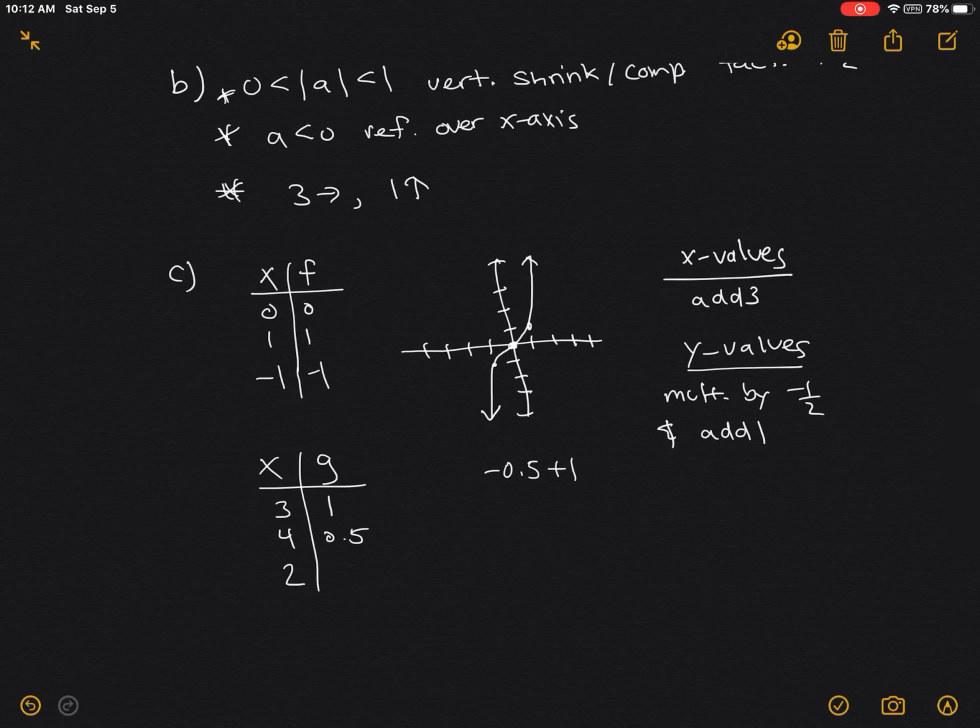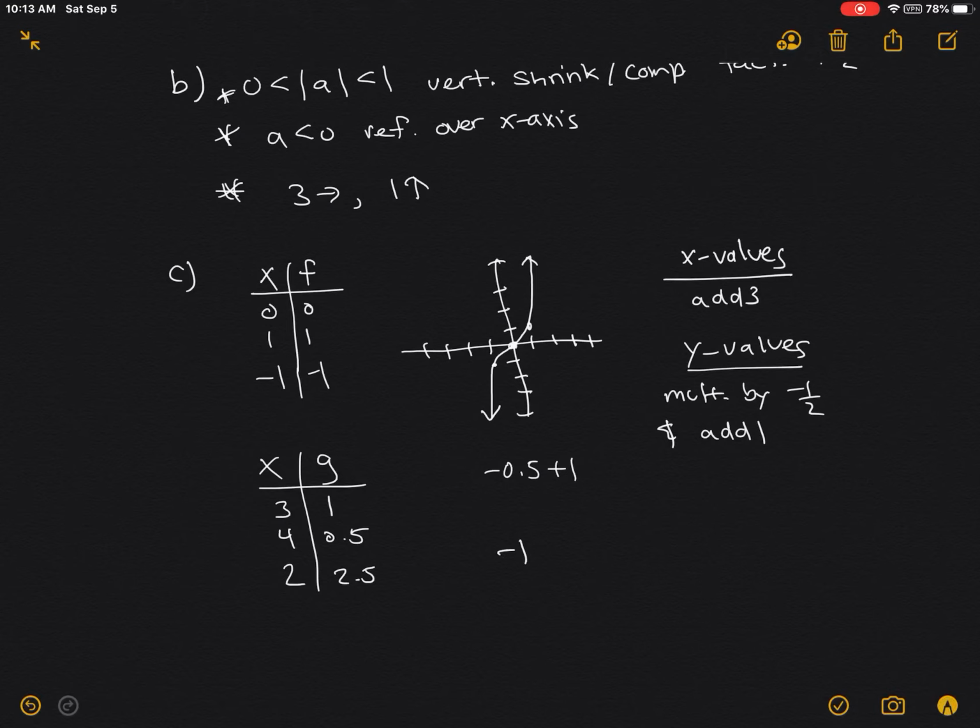And I have one more point over here. Negative 1 times negative 1/2 is positive 1/2, and positive 1/2 plus 1 is 2.5. All right, so that should give you the coordinates.